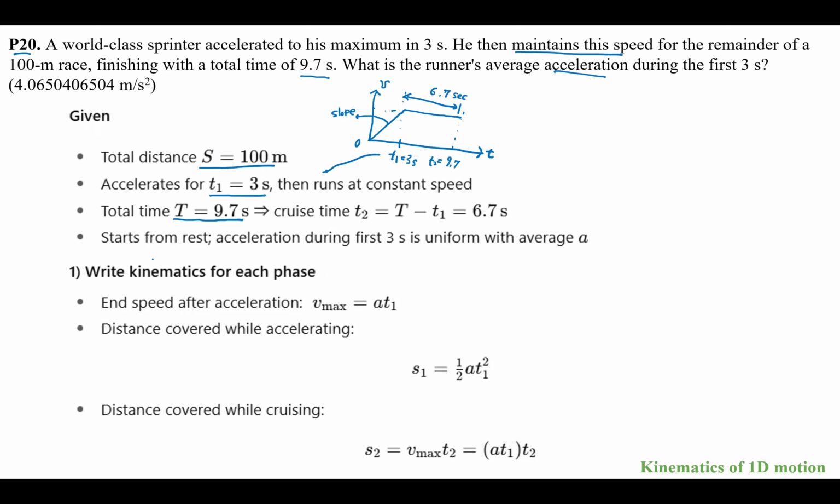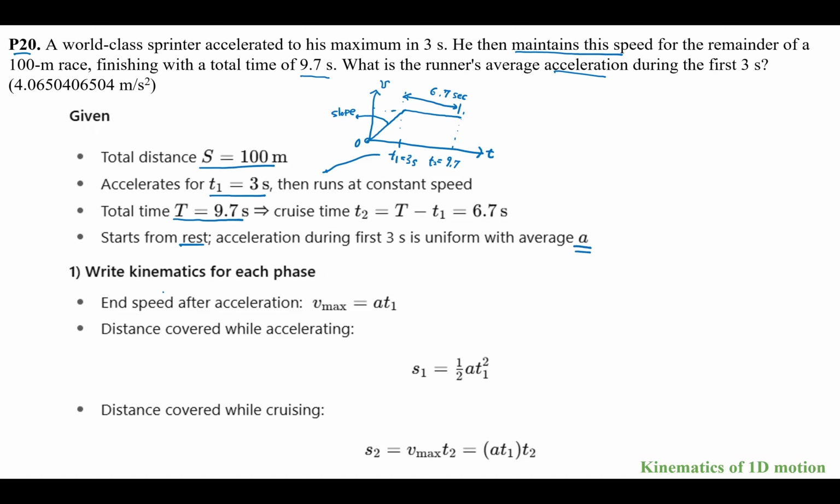Start from rest, equal to 0 here. Accelerated during the first 3 seconds is uniform with the average acceleration A. So this is what we are going to be concerned with.